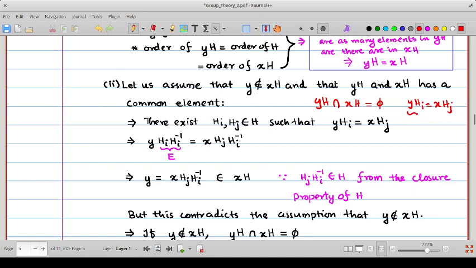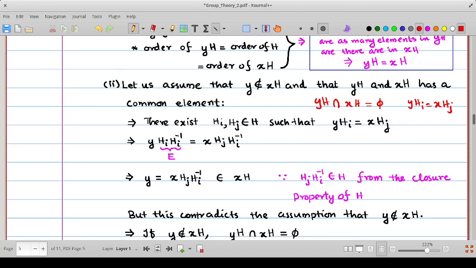And that is because yhi is an element of the coset yH, and xhj is an element of the coset xH. So for some element hi and some other element hj of the subgroup H, the common element will be given by yhi here and xhj there. So both should be the same. So this is that property, yhi is equal to xhj.